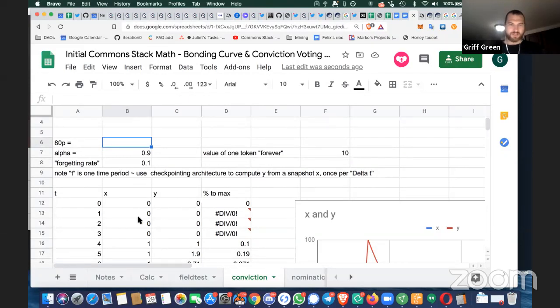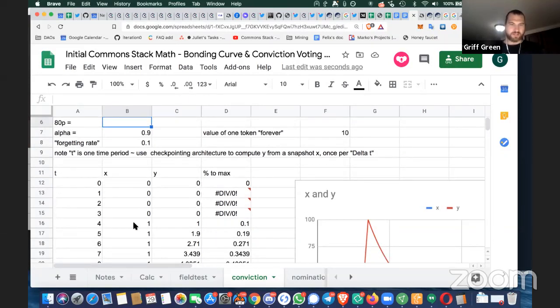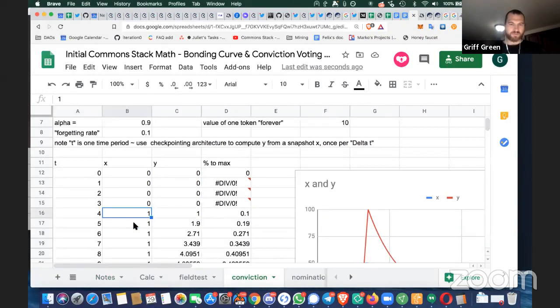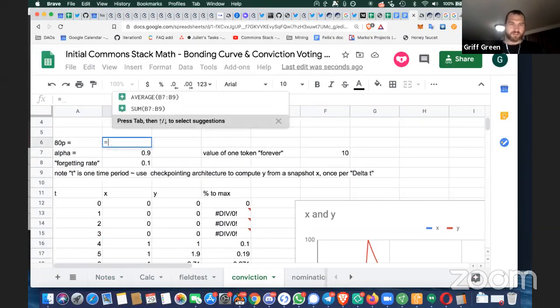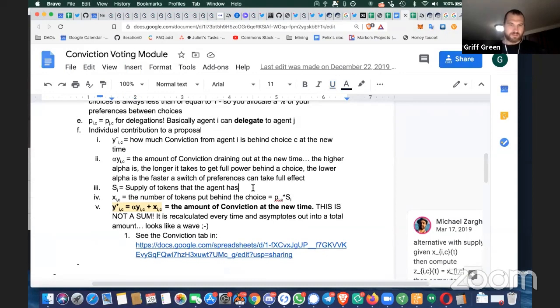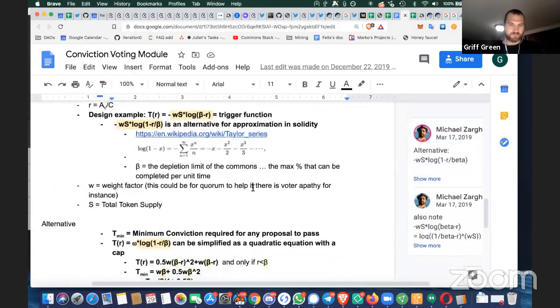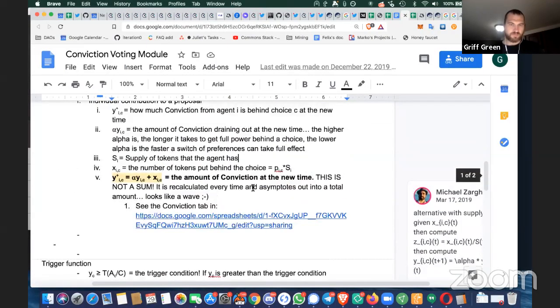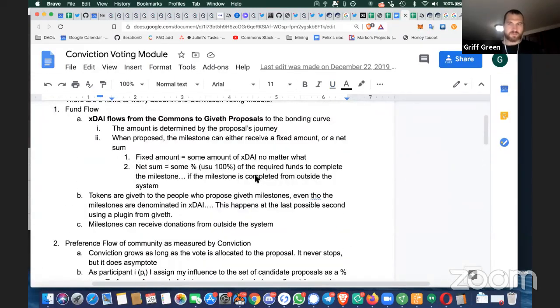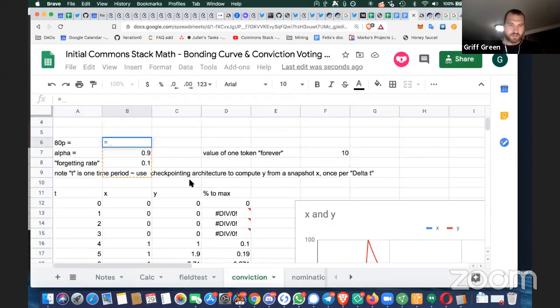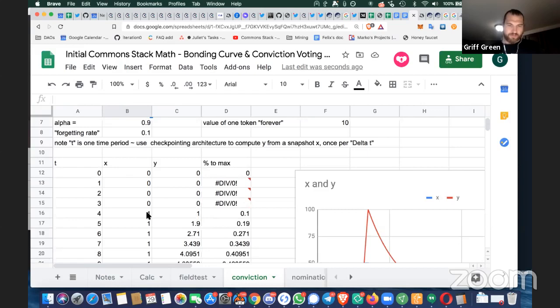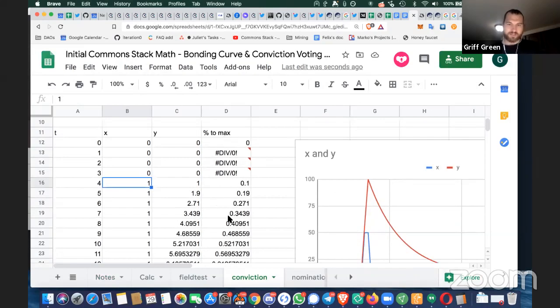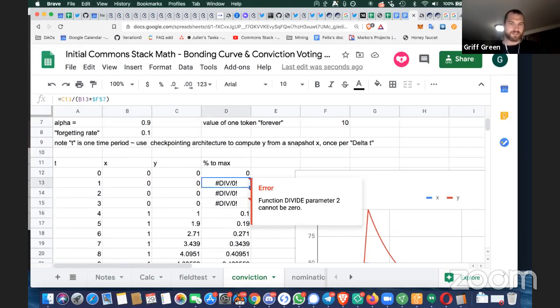So when 80%, what their max voting rate is, there is an equation for that. Well, it's not here, but if for one token, percent to max, oh, there it is. Look at that. It's already done.